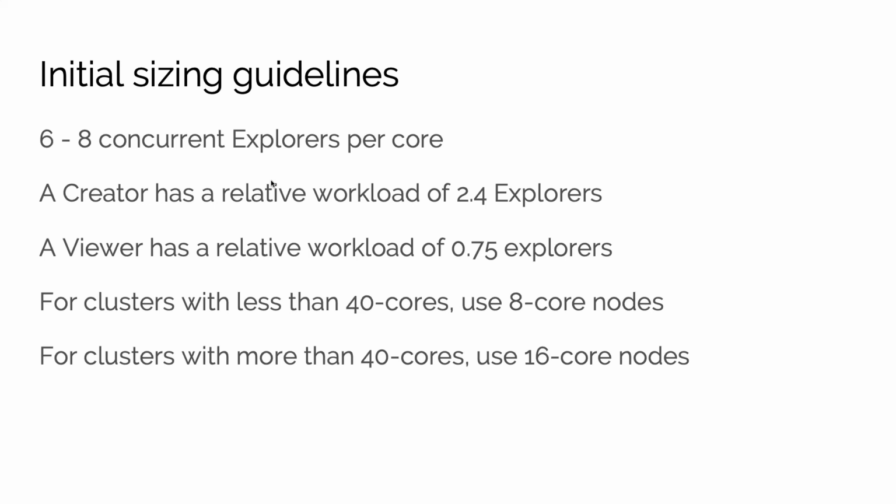And across all these recommendations, whenever you're specifying your nodes or your hardware, you're really going to want to be specifying 8 gigabytes of memory per physical core.